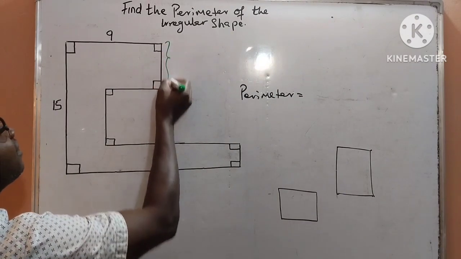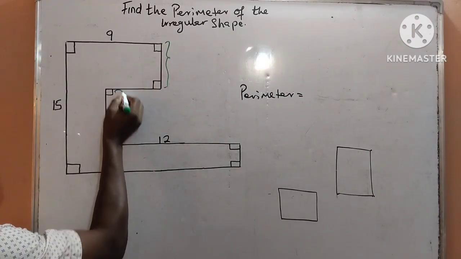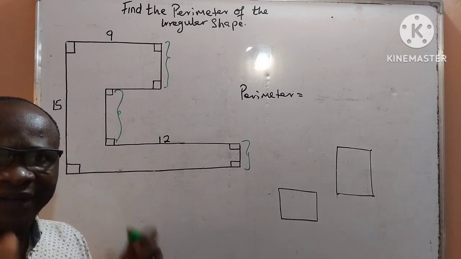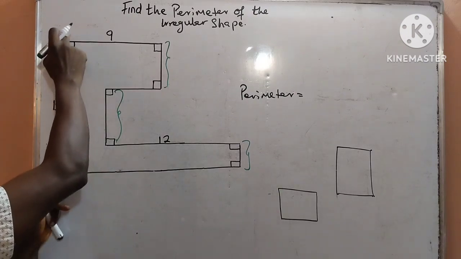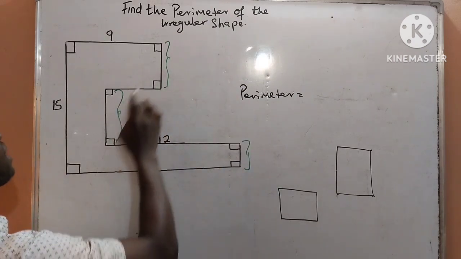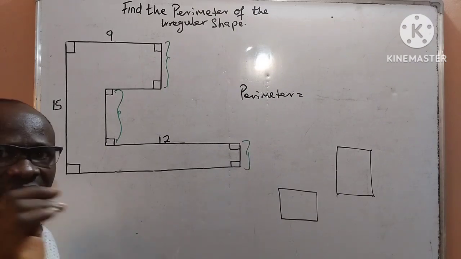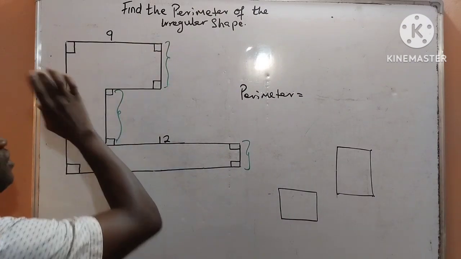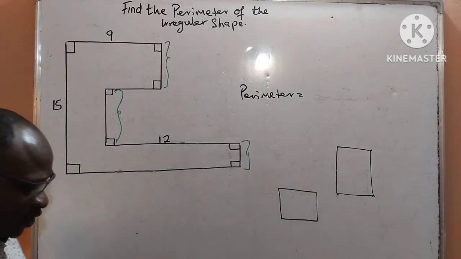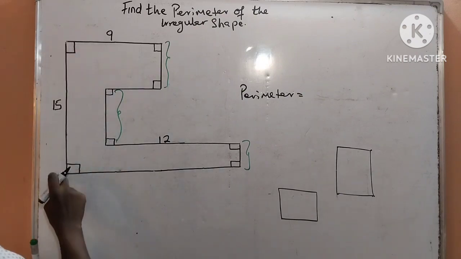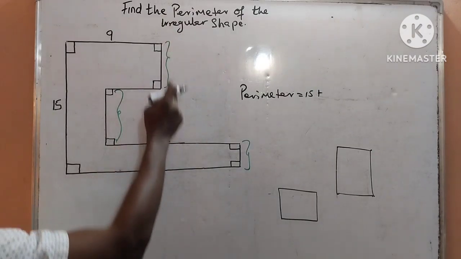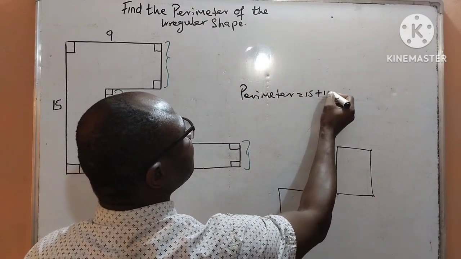In other words, the blue marked lines or the green marked lines are equal to 15. This line plus this will give us 15. Therefore, we write this side is 15 plus the opposite side, which is the green marked side, also 15.